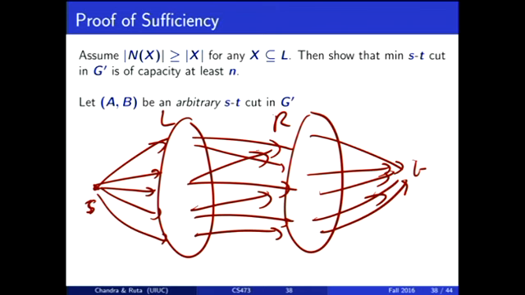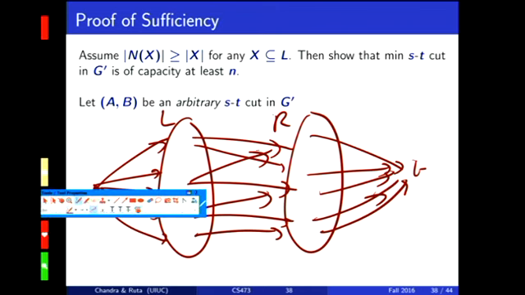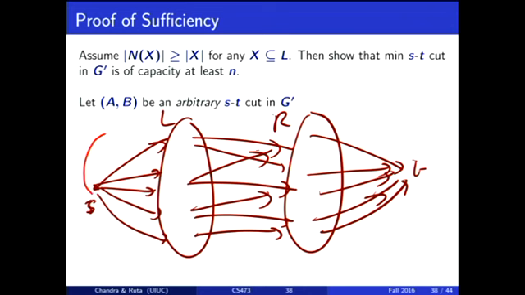Any cut which is separating S from T will look like this. I'm going to draw it pictorially for simplicity. This is A, right? A contains S, but not T, and the rest is B.